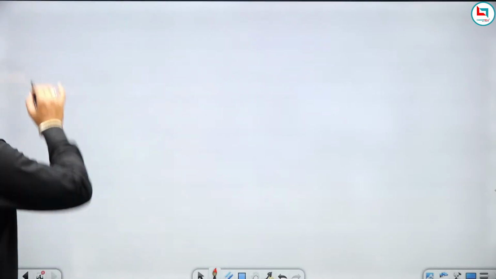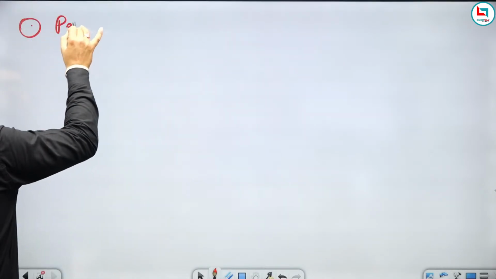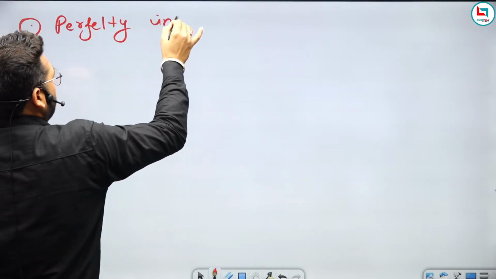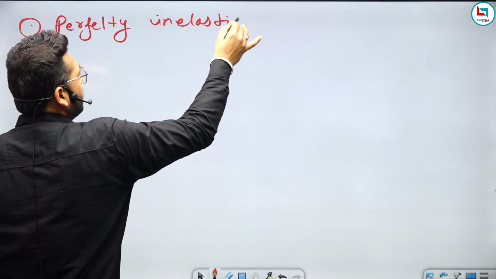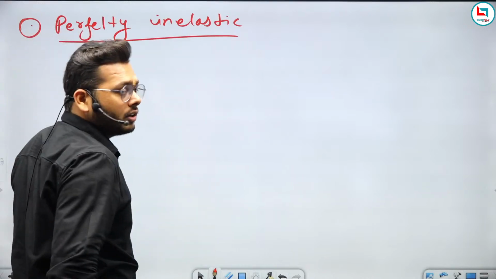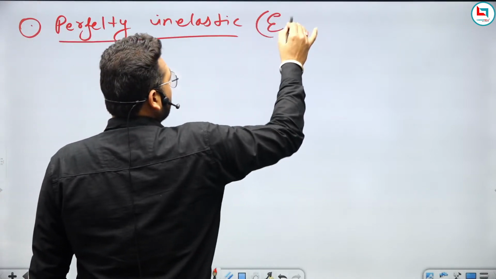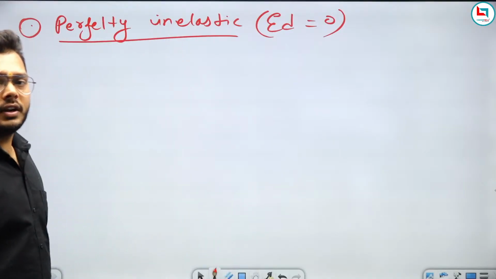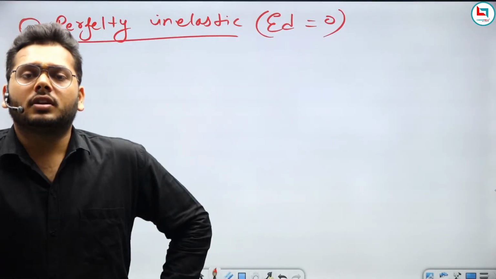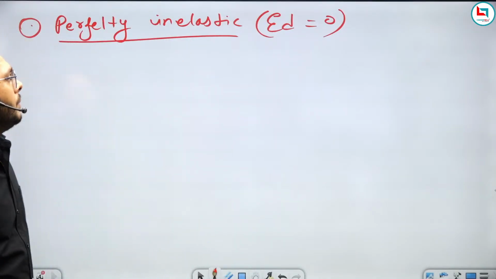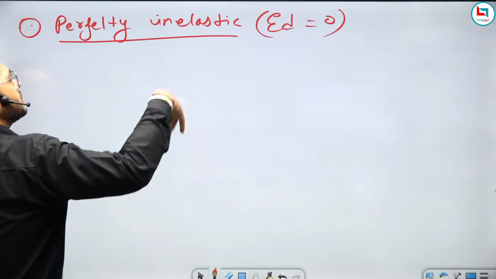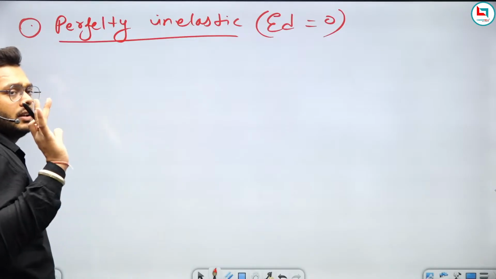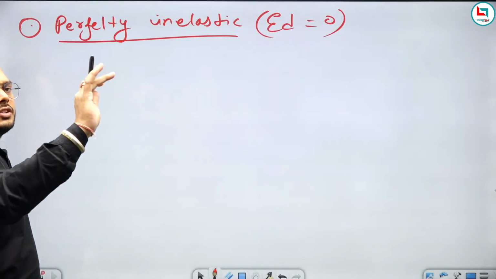Now the second one is what? Perfectly inelastic. What do you mean by perfectly inelastic? It means ED is equal to 0. ED equal to 0 means there is no change in the demand after a percentage change in price.